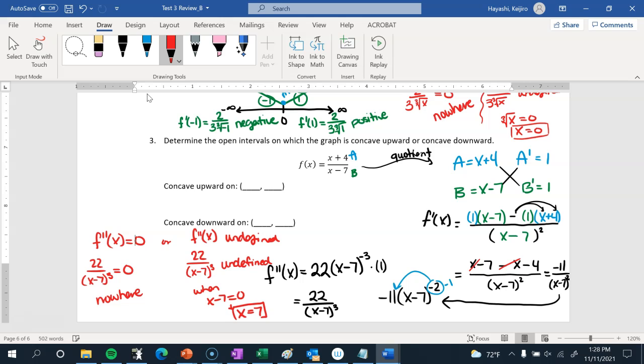So that is your critical number, x equals 7. And you can see it looking at the second derivative. Plugging in 7 would make the bottom 0, right? 7 minus 7 is 0, 0 cubed is 0, you're going to get 22 over 0. If you try to plug in 7 as your x value, then your concavity is undefined. So your only critical number is x equals 7.